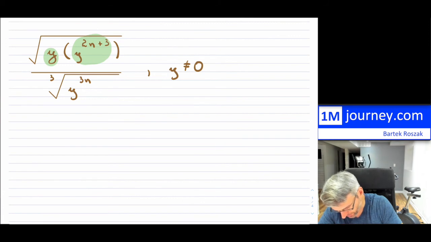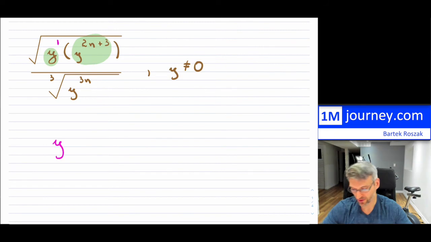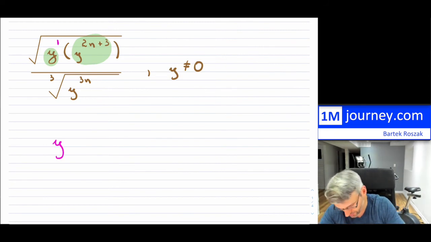So we're going to have y. There's a 1 right there, right? So since the base is y, then I'm going to add those, which is going to be 2n plus 3 plus 1. That's on top, so this is the square root of that.